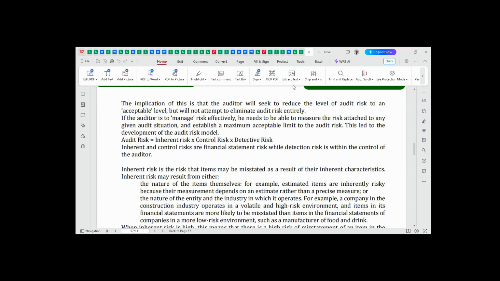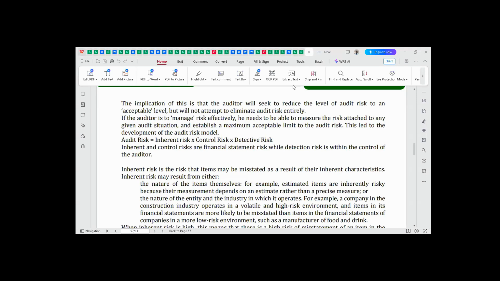So let's say you sold something to a customer last month, and the customer did not pay. The customer now paid this month. What should you do? Are you going to post that receipt in this month or in the previous month?